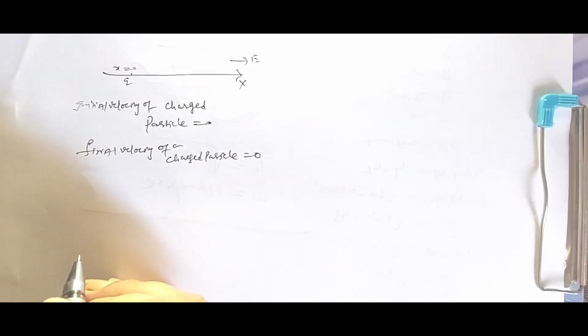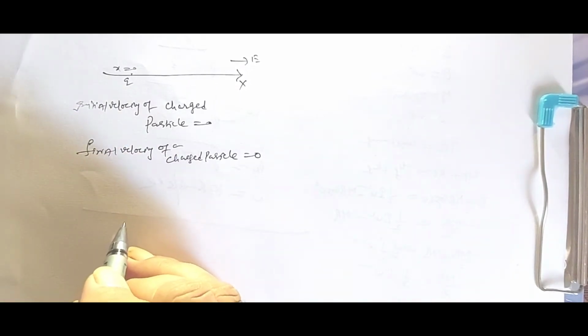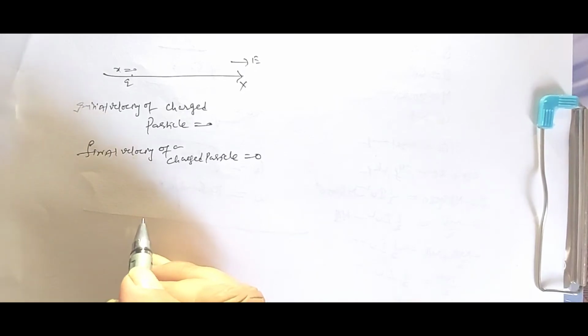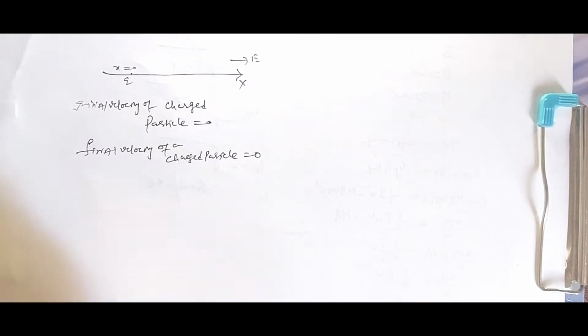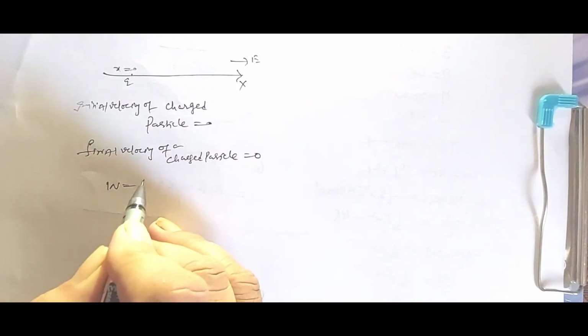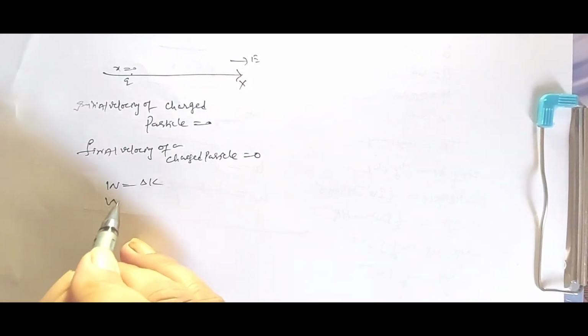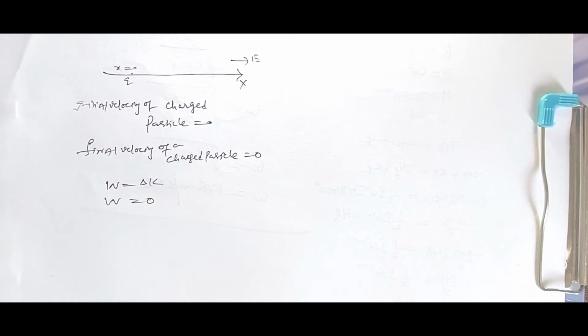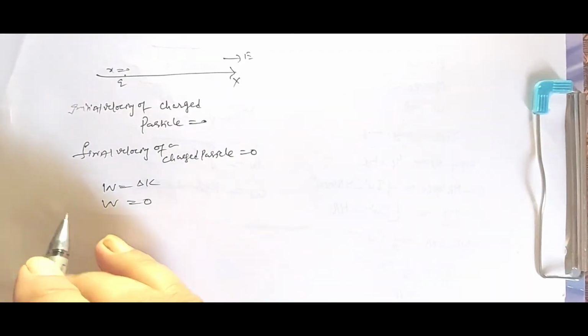So the final velocity of the charged particle is 0. Here the force acting on the charged particle is a variable force. So, work done is equal to change in kinetic energy, which means final kinetic energy minus initial kinetic energy.